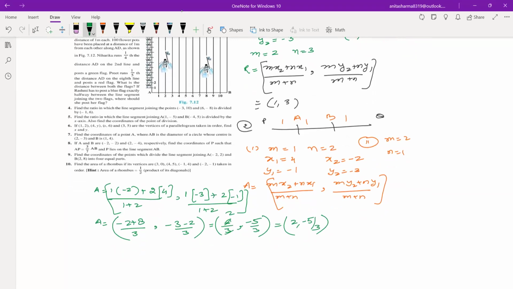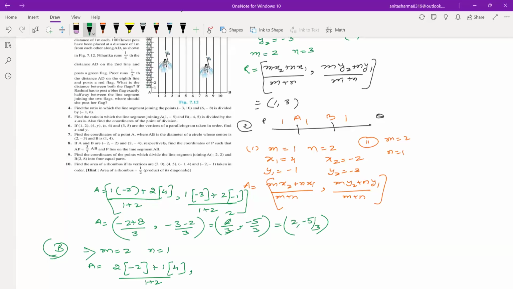Okay, Abhinav? Got it, ma'am. Now for B point, value of m is 2 and value of n is 1. So again A coordinate, m x2, so 2 into x2 is -2, plus n x1, x1 is 4, divided by 1 plus 2, comma.